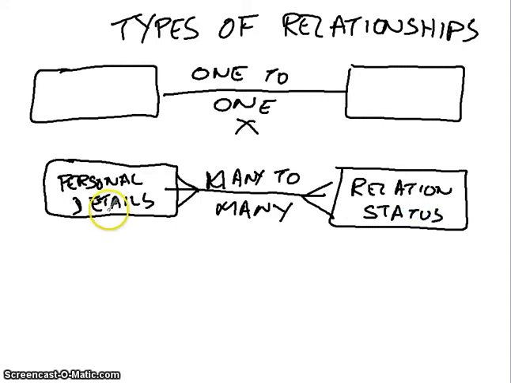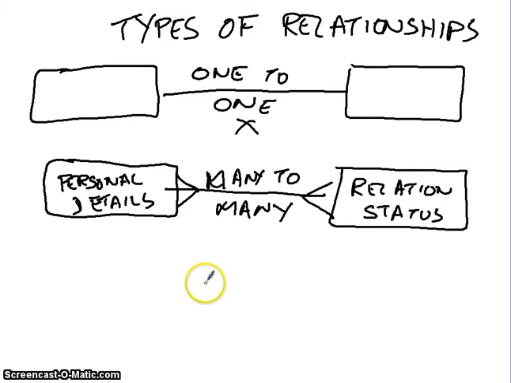So we were saying that many relationship statuses can be used by one person, but many people can use many relationship status. It's a many-to-many relationship. It's not good, and it doesn't work very well, and you end up with a bit of a mess when it comes to the database. So what we have to do is we have to try and break those apart and break those down.